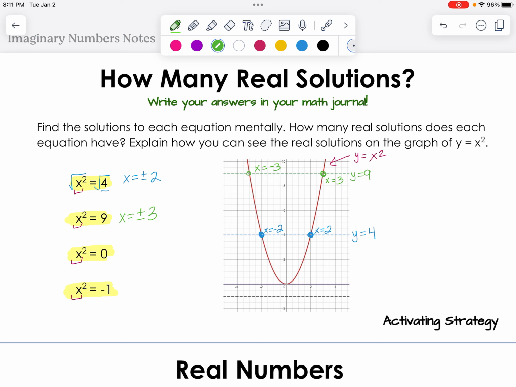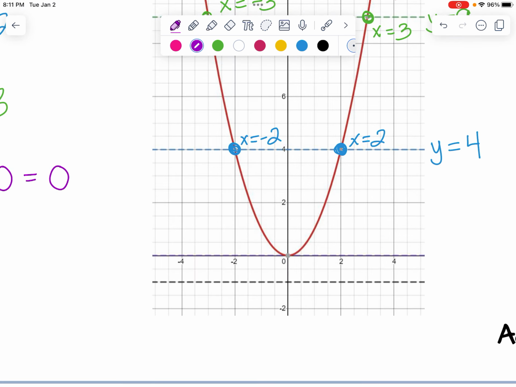If I solve this algebraically and take the square root of both sides, I could get x equals plus or minus 0, but positive 0, negative 0, really that's all just 0. And if you look on this graph, very faintly you can see a purple line down here, and that line is at y equals 0. Notice that that line only intersects our parabola in one place, because there's only one solution.